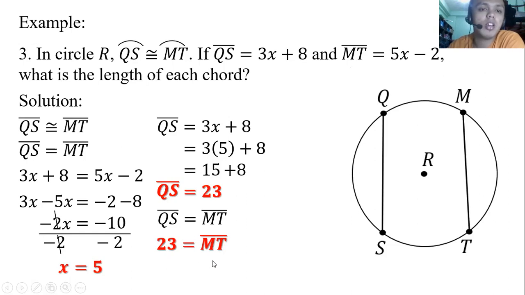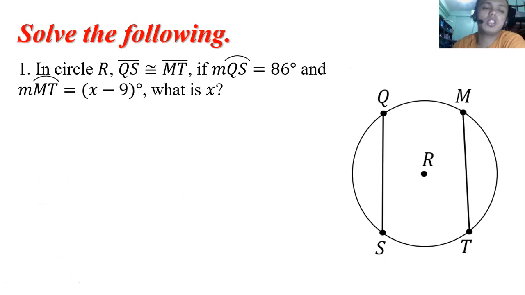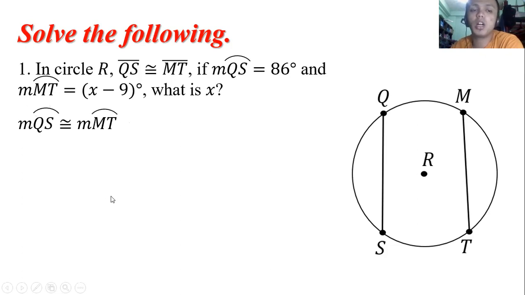Okay? Now, exercise time. In circle R, QS is congruent to MT. If the measure of arc QS is 86 degrees, and the measure of arc MT is x minus 9 degrees, what is x? Since the chords subtended by these arcs are congruent, therefore the measure of arc QS is congruent to the measure of arc MT. Congruent, followed by equal.